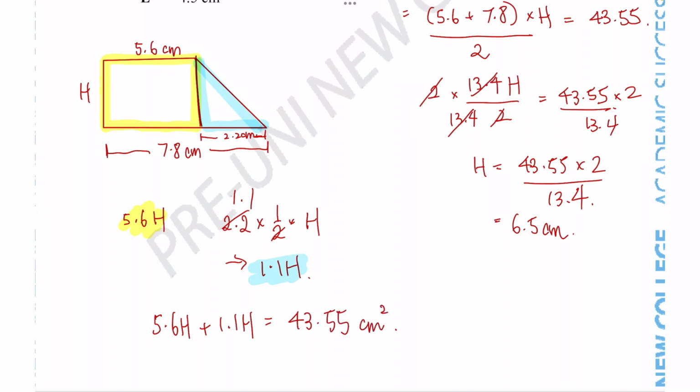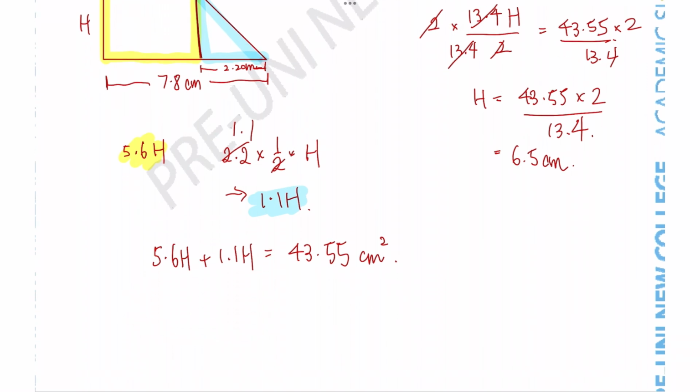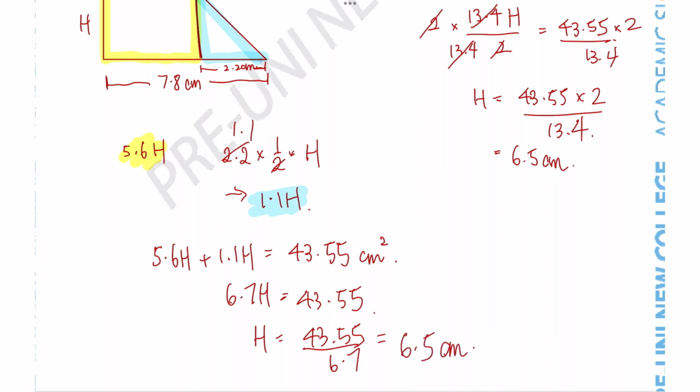We can simplify this further. 5.6h plus 1.1h both have the same pronumeral, so we can collect like terms to get 6.7h is equal to 43.55, and we can then rearrange to make h the subject, giving us 43.55 divided by 6.7, which gives us the exact same number of 6.5 centimeters.